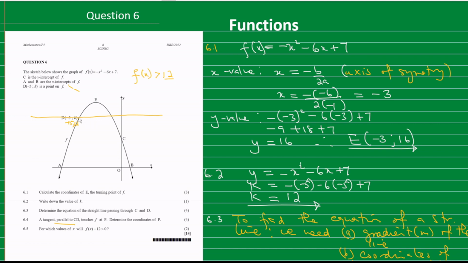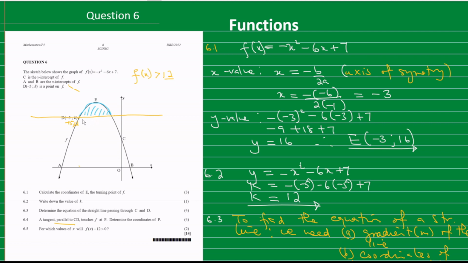So if we look at the y values, because from here to there we have got a distance of 12, we need to find the y values that are greater than 12. This is the portion of the graph from this point up to that point. Okay, so from here, every region here, our y is greater than 12.